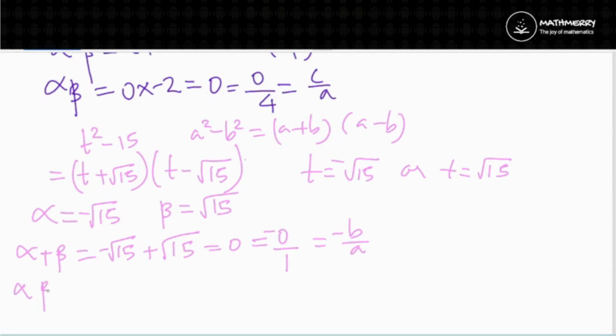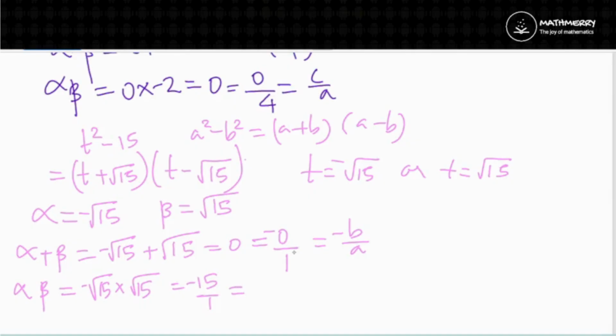Now alpha into beta, we can write it as minus root 15 into root 15. So root 15 into root 15 is 15. So it's minus 15 by 1.